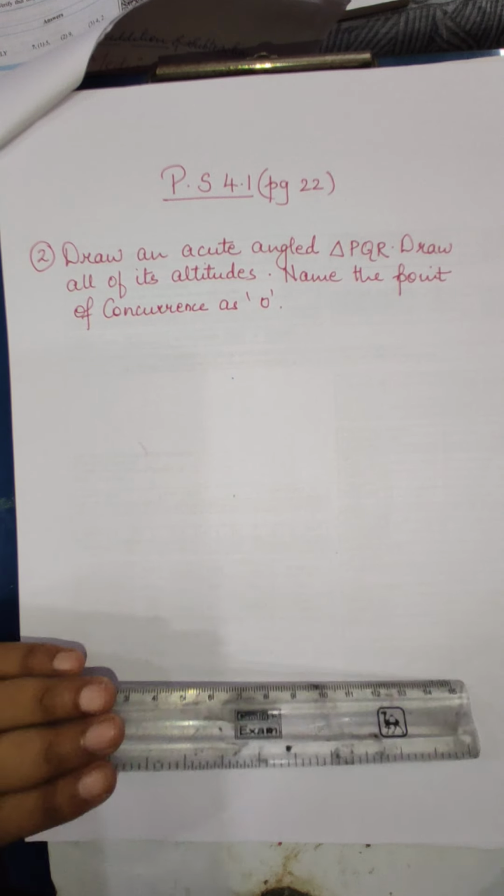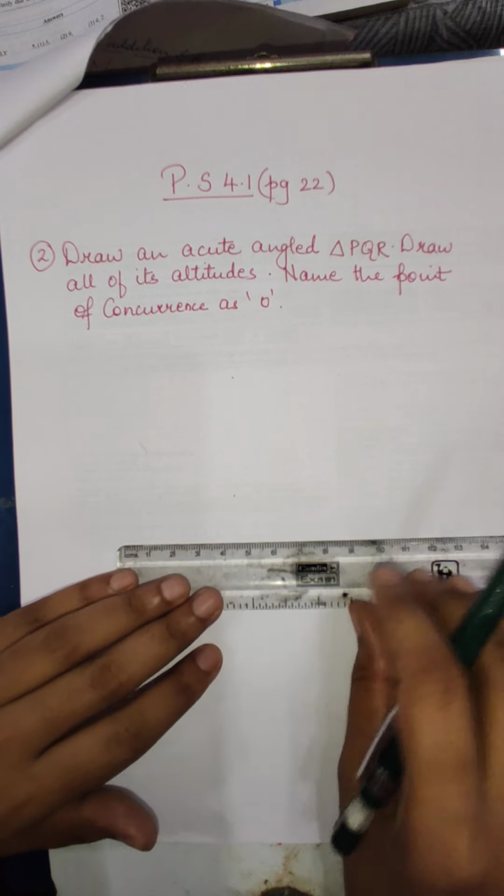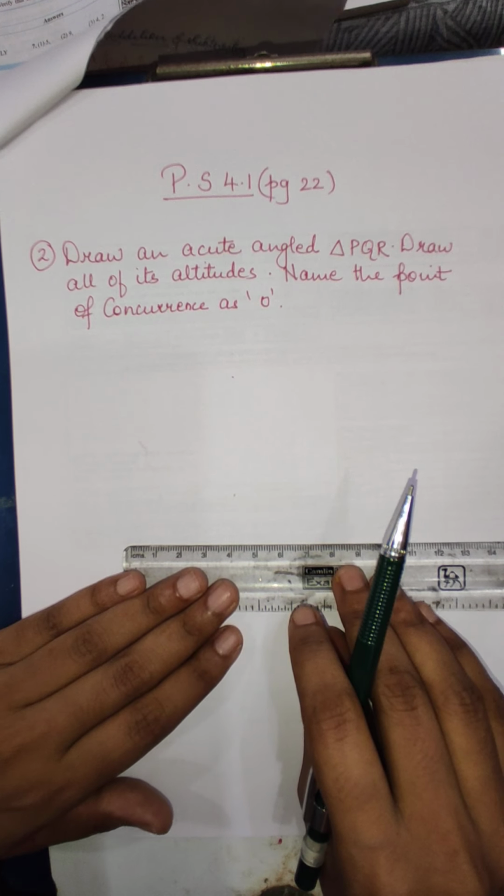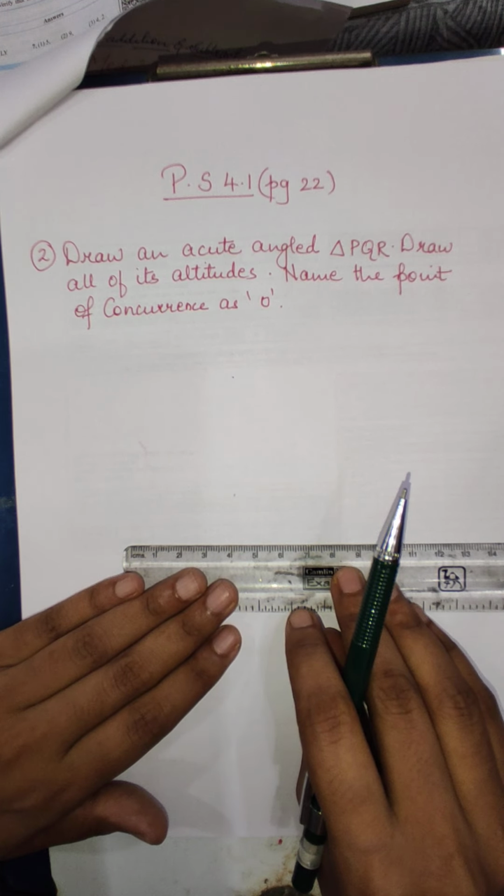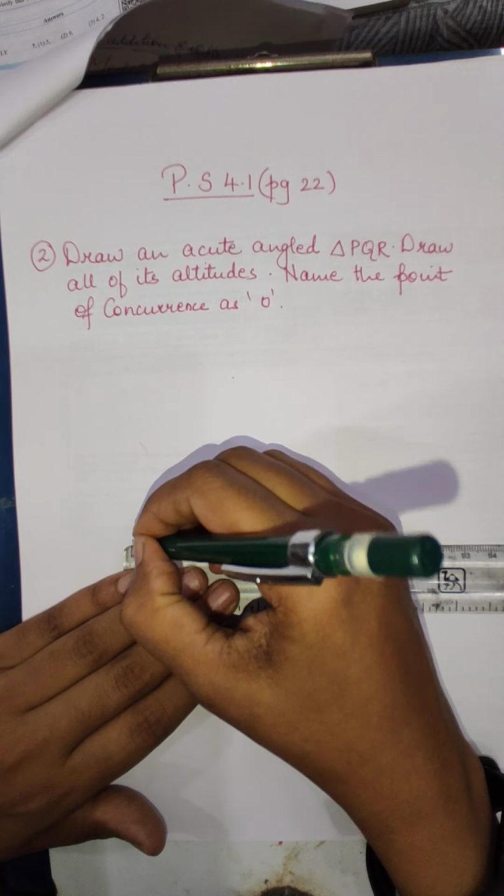So let's proceed. We have to draw an acute angle triangle. Any measurement you can draw an acute angle triangle. I am taking say 7 centimeter line.